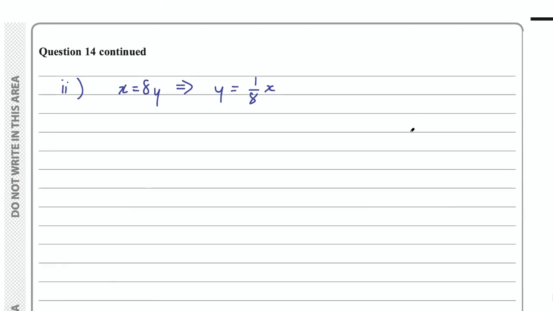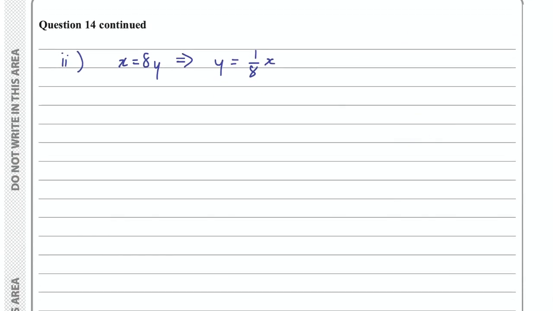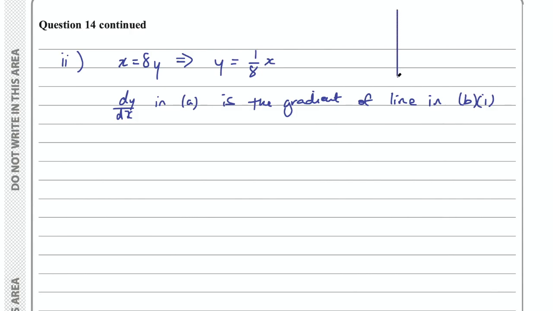So that would be my general answer to part B, part 2. The fact that dy on dx in A is the gradient of the line in B part 1.